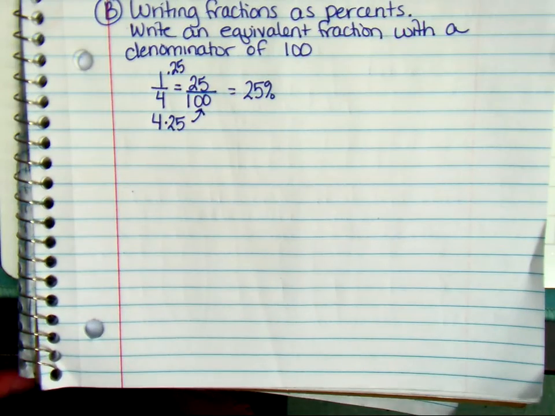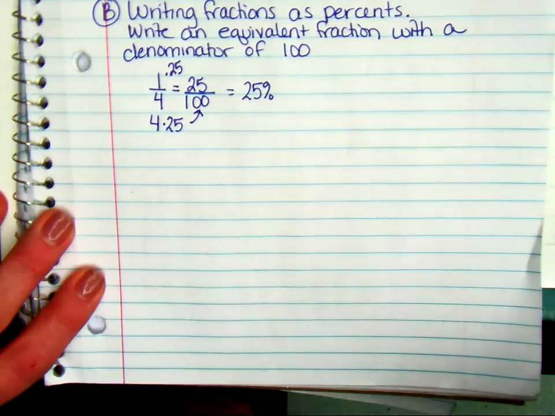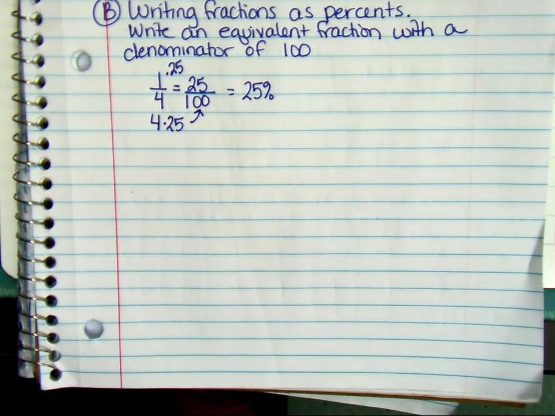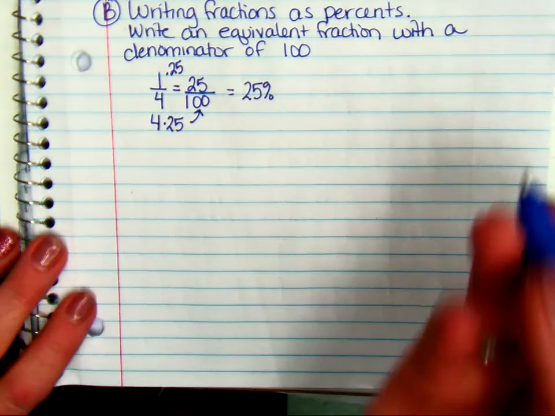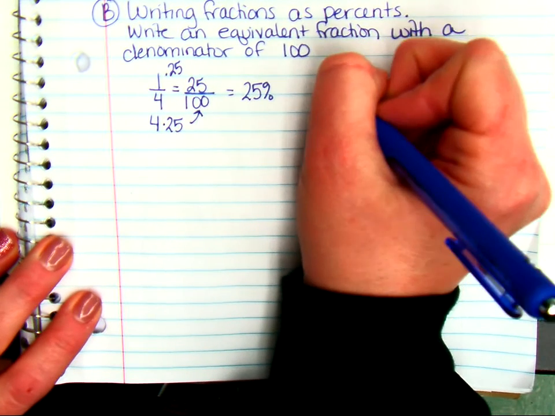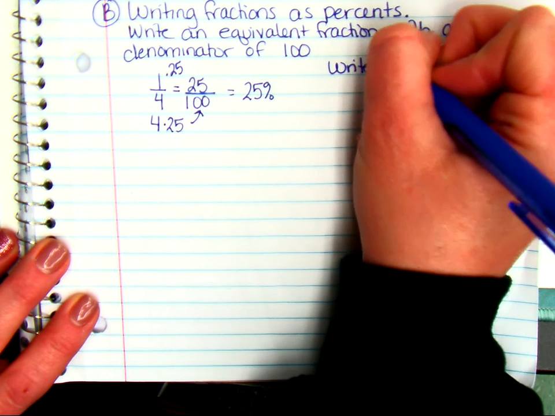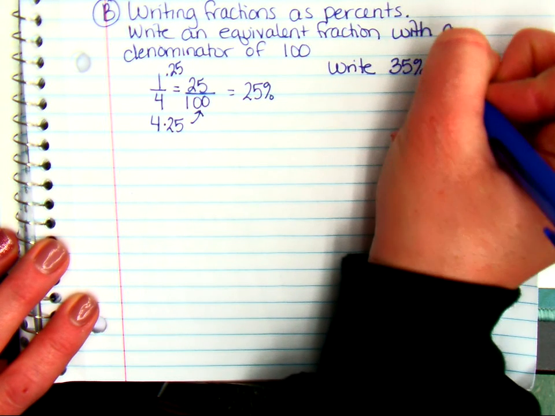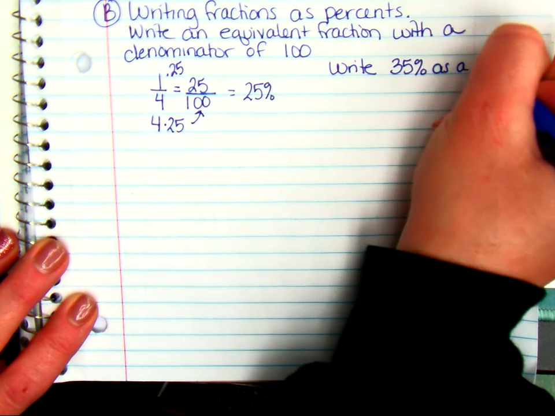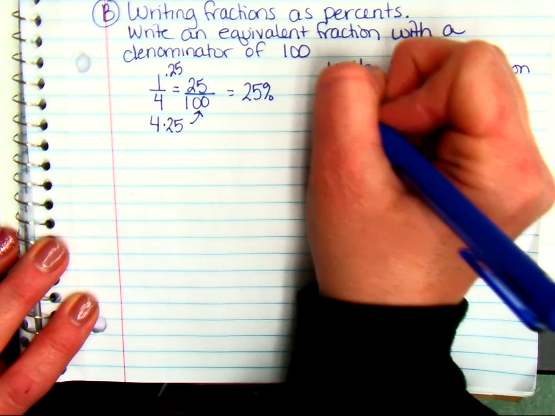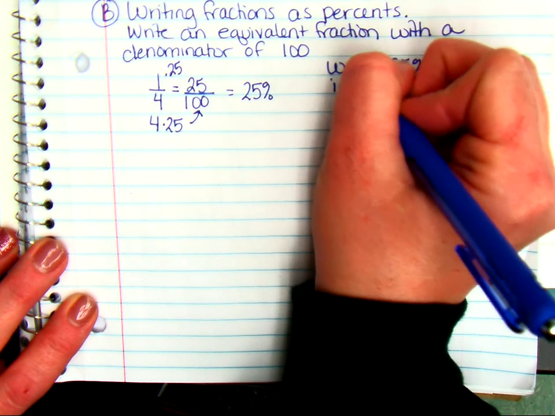Well, we can do this another way. We could actually do base 10 blocks. So we could write 35% as a fraction in simplest terms.